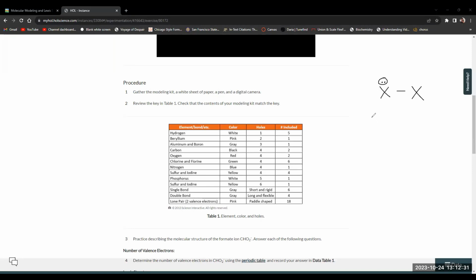This would be considered a lone pair. And on the models, that's what the paddles are. We use that to represent lone pairs. And just to show, this is a single bond, and if we add another line, that's a double bond. But I'm sure I'm just regurgitating what was told in the exploration part, just a quick refresher.